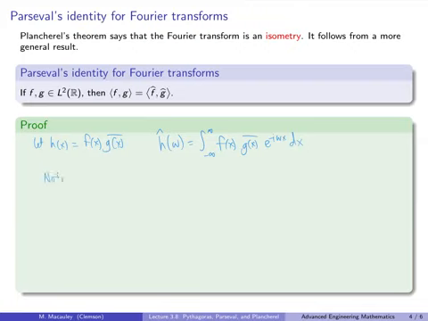So note that h hat of 0 is the integral from negative infinity to infinity of f of x g of x bar times 1, which is dx, which is just the definition of f dot g. Okay, so now I'm going to compute this a second way. So that's one thing to note.